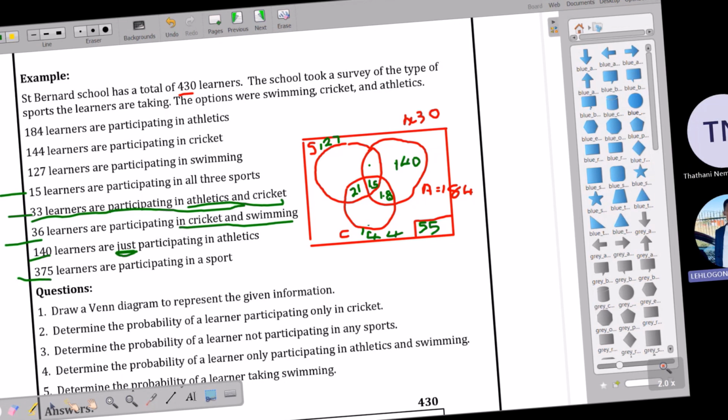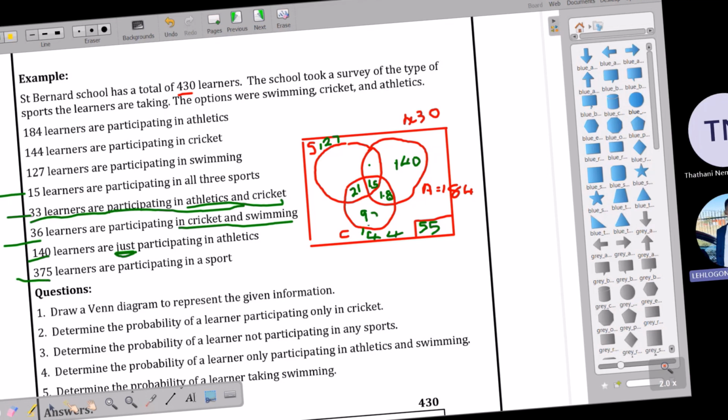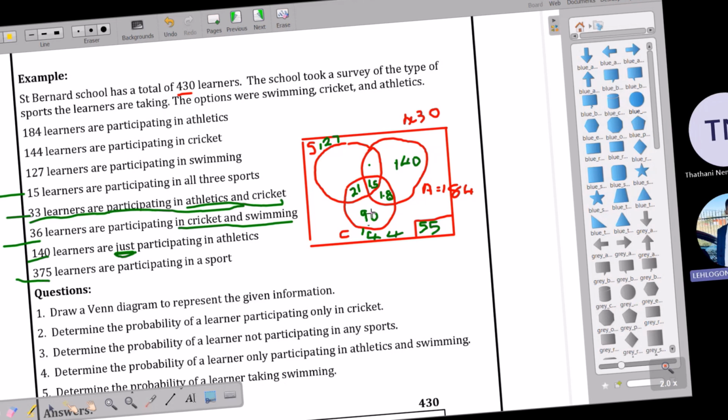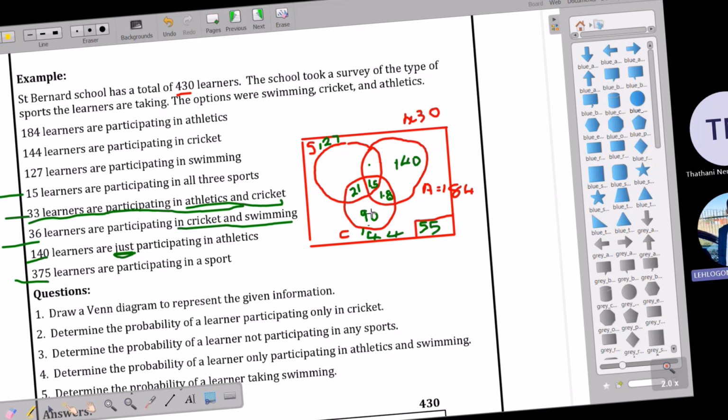Okay, so which means those who are doing cricket only, they are 90, right? Those who are doing cricket only, not any other sport, they are 90. So the cricket diagram is complete.